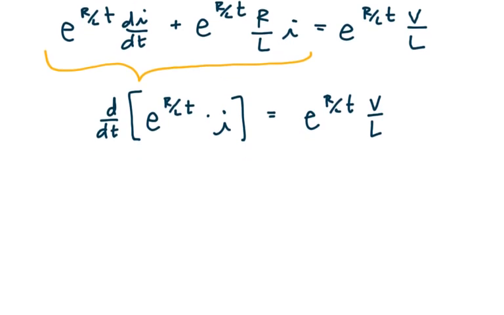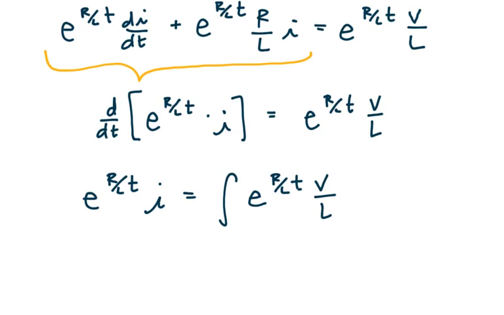So integrating both sides gives us e to the R over L t times I equals the integral of e to the R over L times t times V over L.